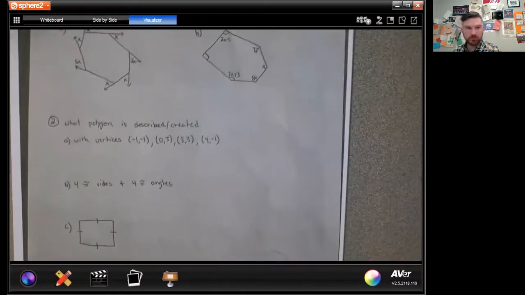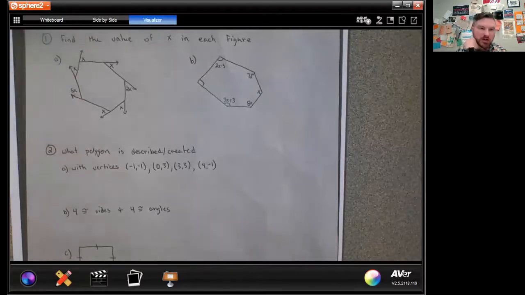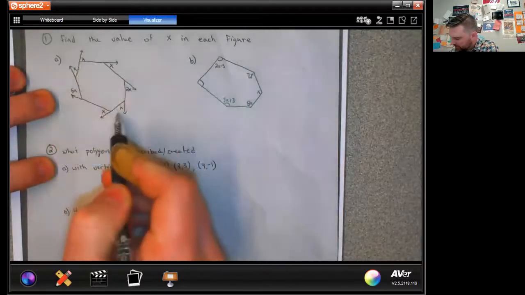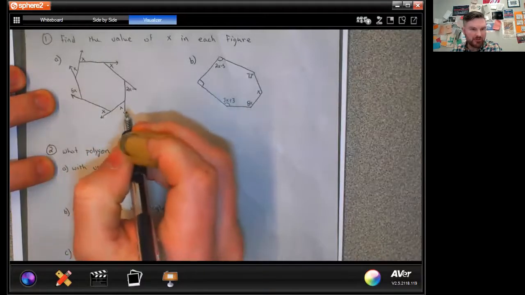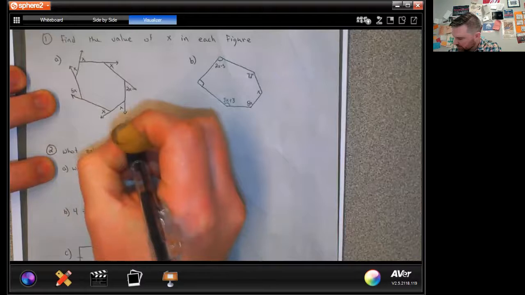Okay, so question one says find the value of x in each of the figures. Here we have a polygon and we're looking at exterior angles. No matter how many exterior angles you have in a polygon, they will always sum to 360 degrees.